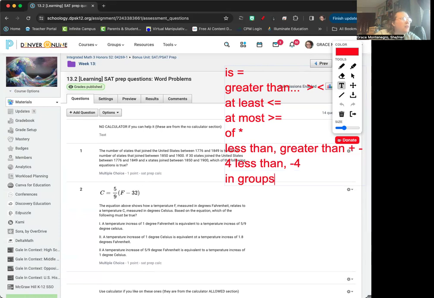"In groups of" means division. There's more. I'd say research online, translating word problems into equations, if you want to find more thorough lists. But asking yourself, what would this mean in a math equation, can be really helpful.